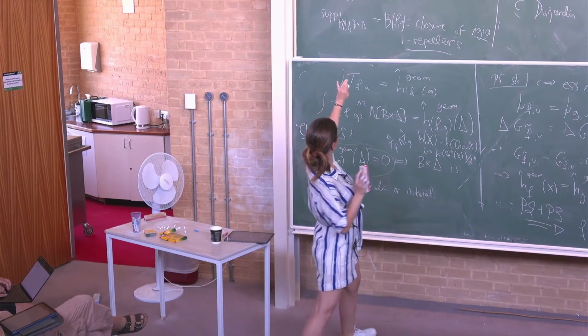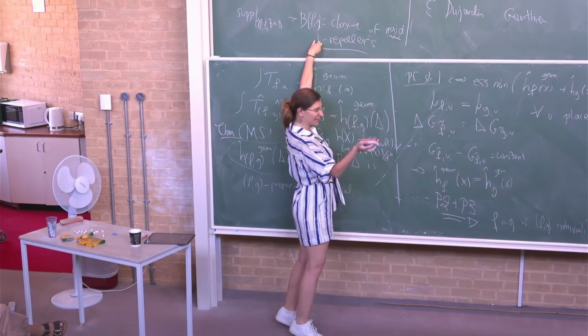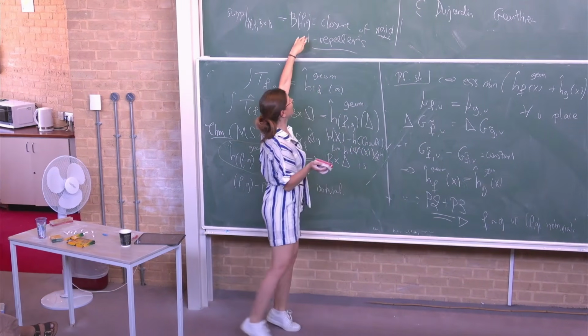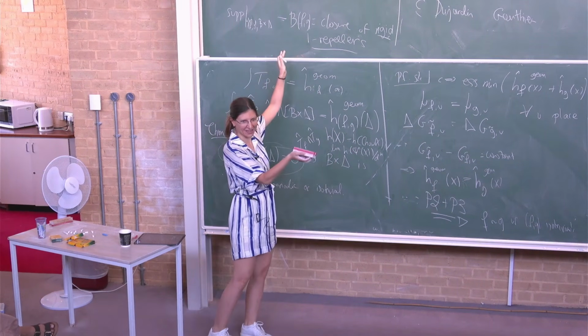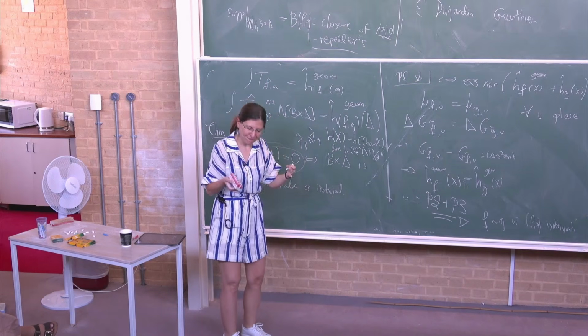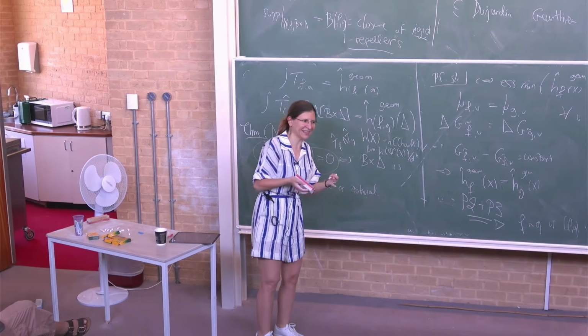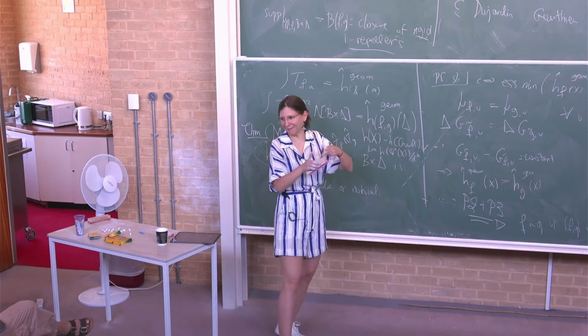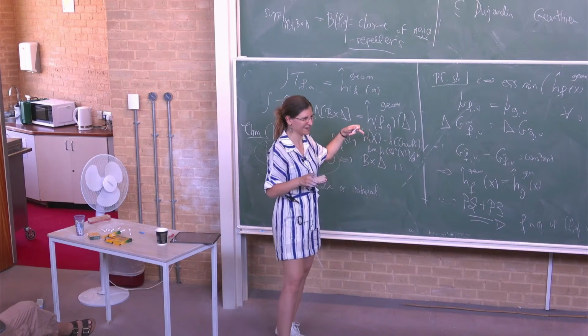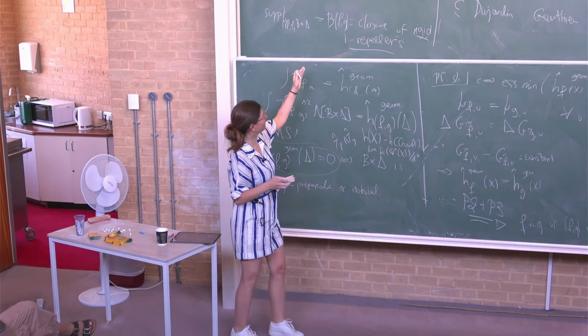Maybe going back, sometimes we can find rigid repellers, for example the Lattès maps. You still need to argue, but you can believe that there are many repelling points, all the periodic points are repelling, so you can build one repeller.